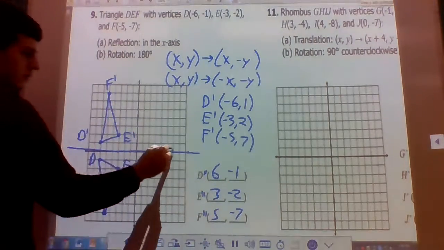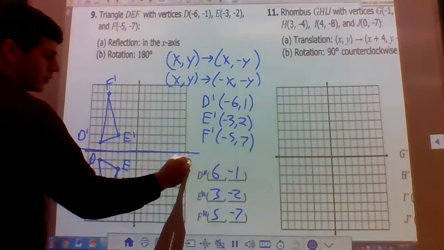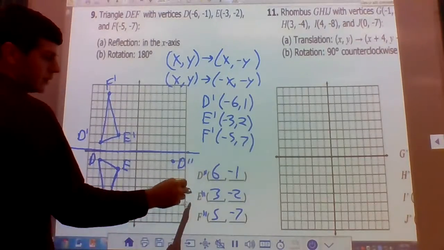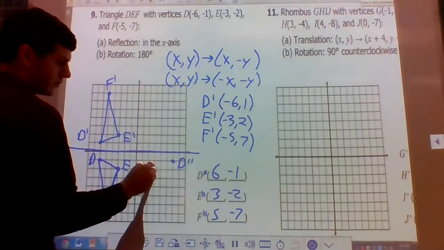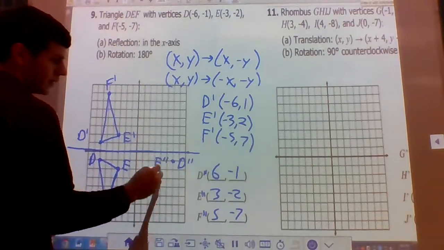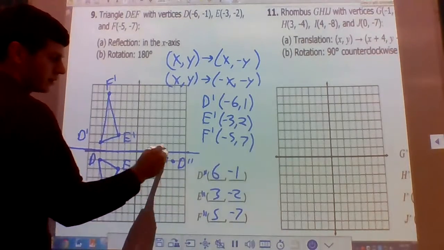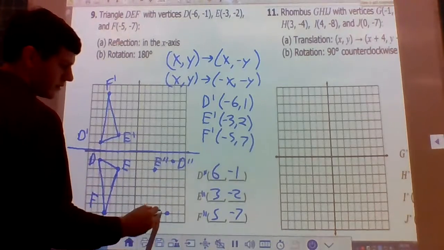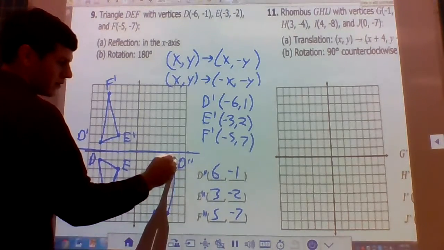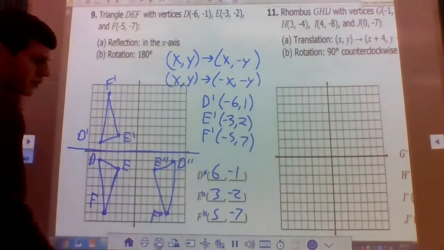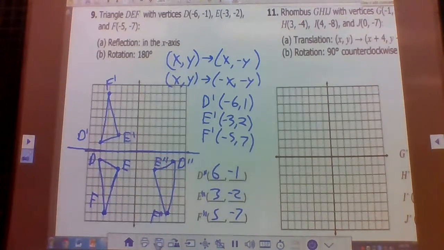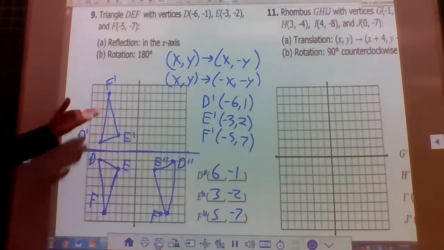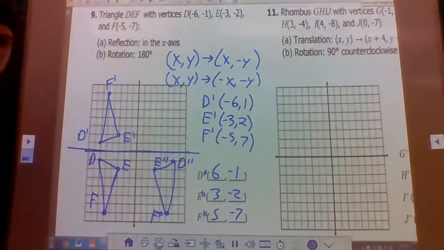So 6, negative 1 is D double prime. E double prime is 3, negative 2. And then F double prime is 5, negative 7. Okay, so again, these are all isometries. They're all rigid transformations. We're reflecting over and then rotating 180 degrees.